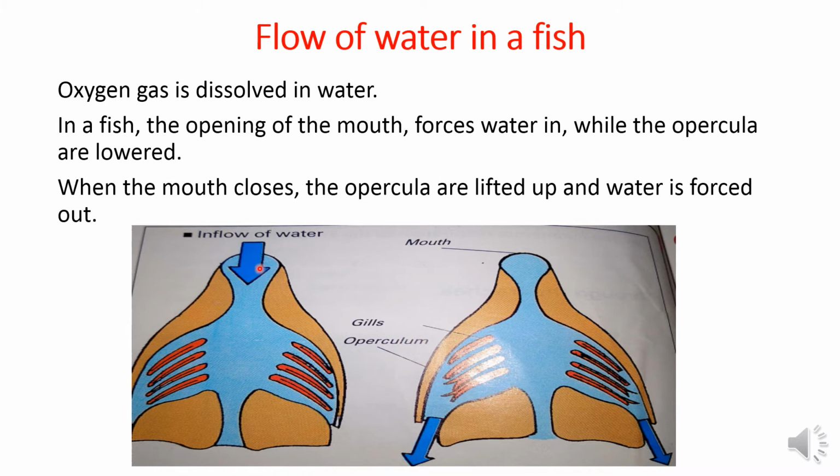First, water enters the fish body through the mouth. The opercula are lowered down. After that, when the fish closes its mouth, the opercula are lifted up to let the water get out.